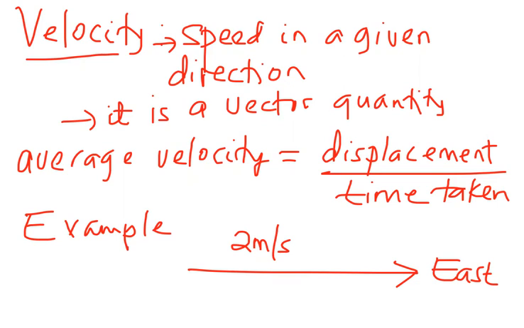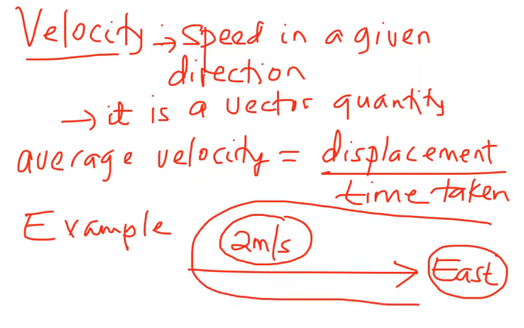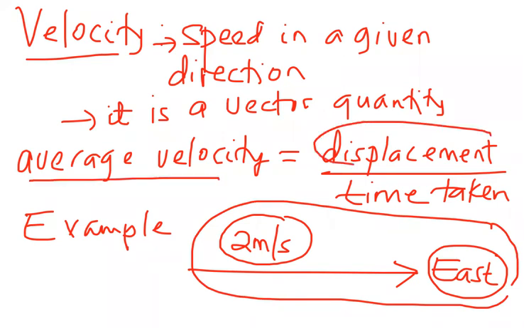So we need the magnitude, for example, 2 meters per second, and the direction, east. Then the whole thing will be called the velocity. You can compute average velocity by looking at the overall displacement divided by the time taken.